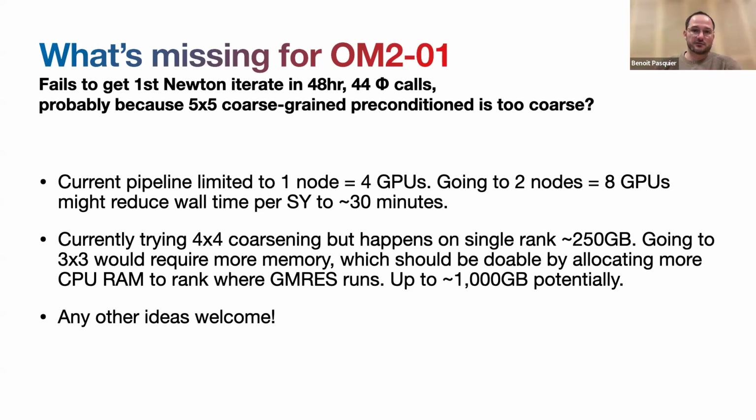And that one rank is going to do all the matrix stuff. And so that one rank has only a quarter of the memory for the CPUs that the node has. So maybe somebody really good with those architecture things can help me get more memory on that rank for the CPU. And then I can maybe have less coarsening, say 3 by 3, and maybe that will work. I don't know.